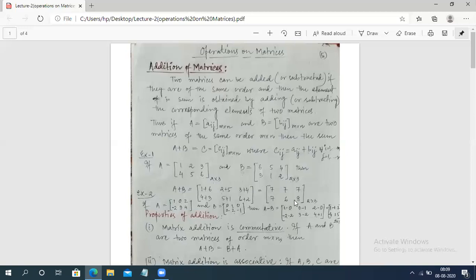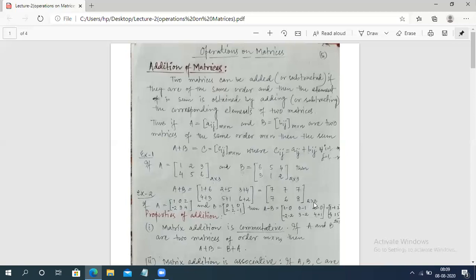And the resultant matrix will be like this: 7, 7, 7, 7, 6, 8, and this is again a matrix of the same order. That is, if we are adding two matrices of order 2 by 3, then the resultant matrix will again be a matrix of order 2 by 3.